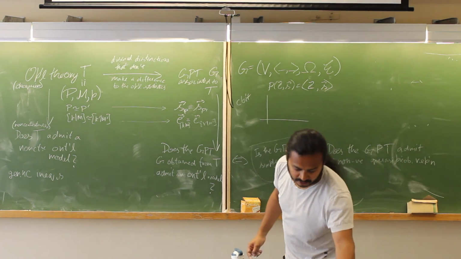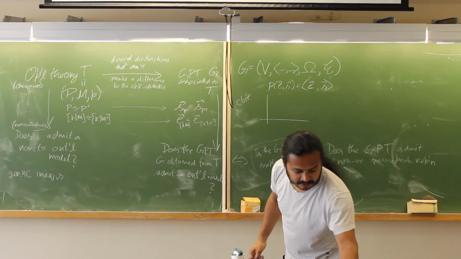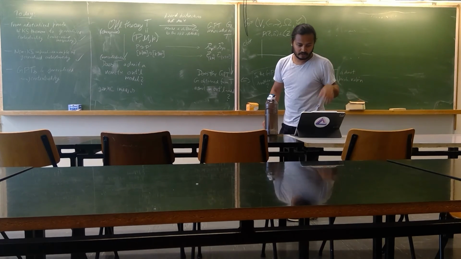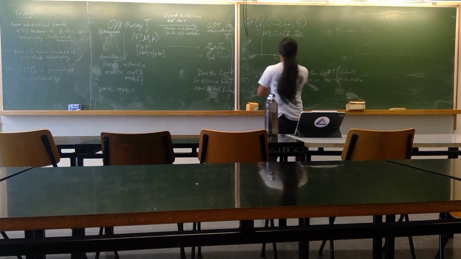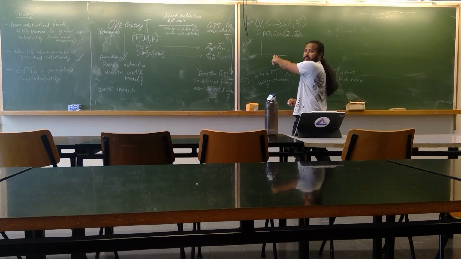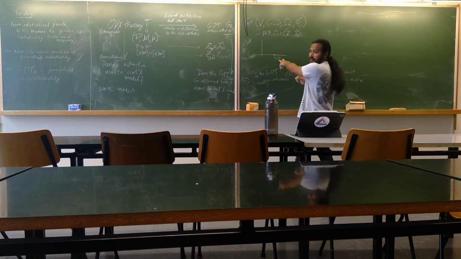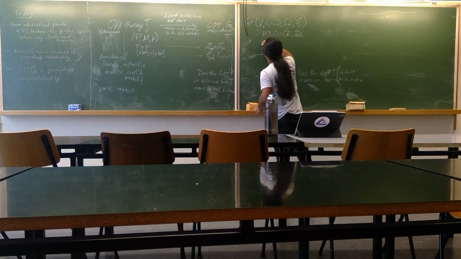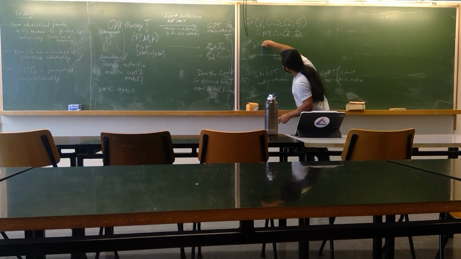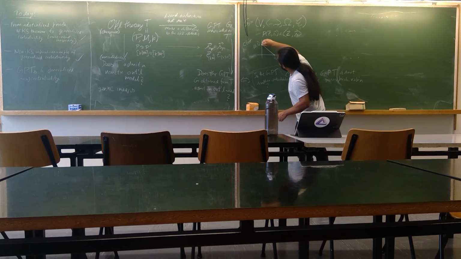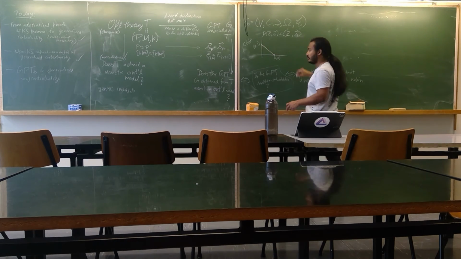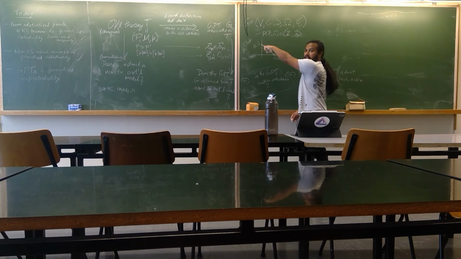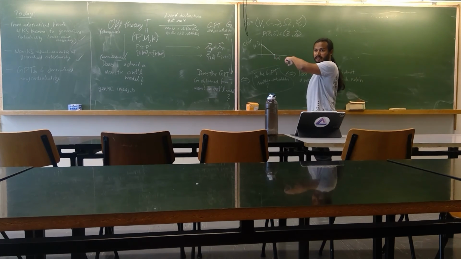If you want to represent the state space of a coin, this is the state which has a definite heads, no tails, and this is tails. Any point on this line is a probabilistic mixture of these two extreme descriptions. So it defines the state space of this classical theory.